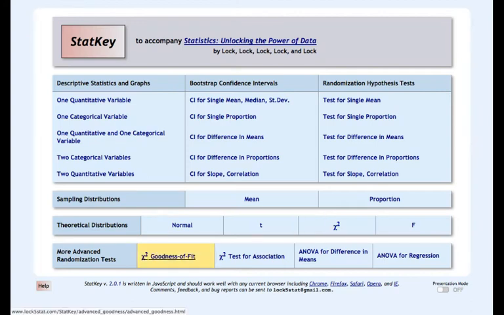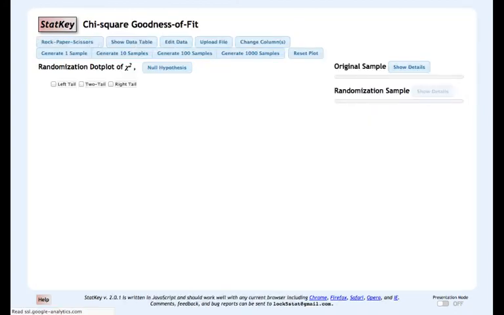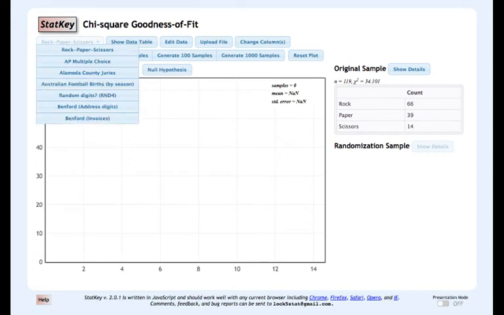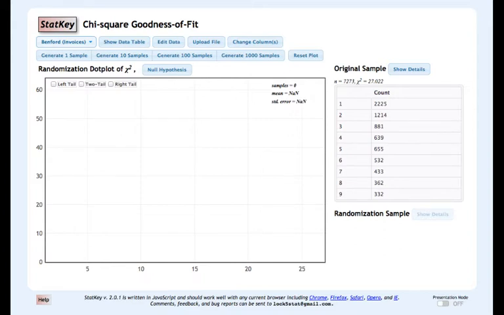We're going to choose chi-square goodness of fit. And from this drop-down menu, I'm going to choose Benford invoices. Notice that there are 2 different Benford files here. There's an address digits file, and that shows up in a homework assignment, and there's this invoices file. So the one in your homework assignment is not the exact same one that we do in this example here.